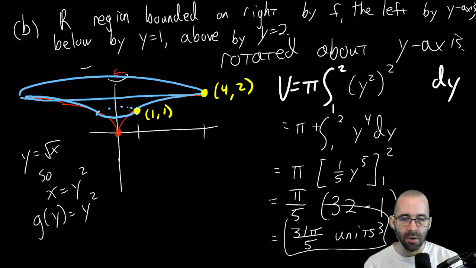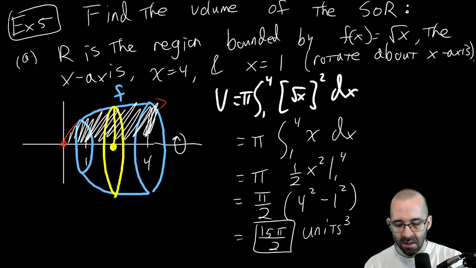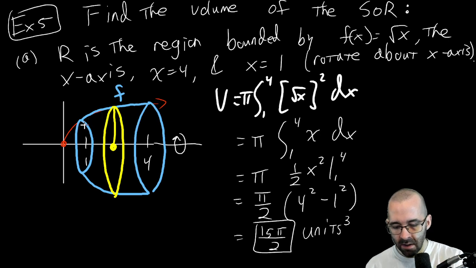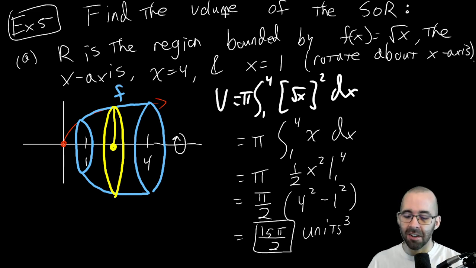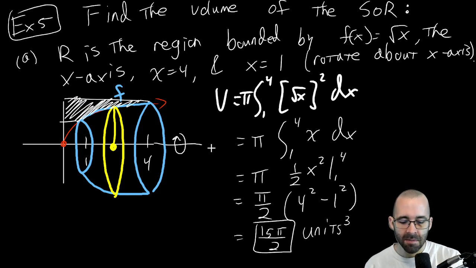So it's actually a different region that we're revolving. Because if it was the same region, if it were this region we're revolving about the y-axis, we have to use actually the washer method, which is the next video. So for part B, I wanted this region rotated.